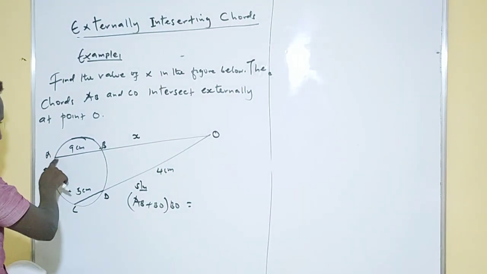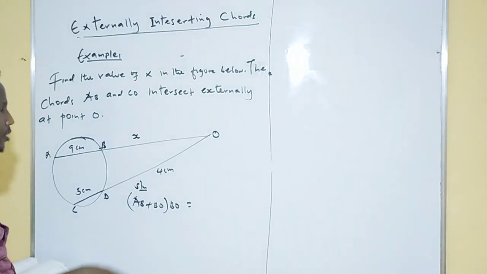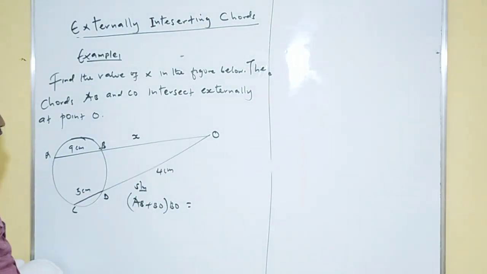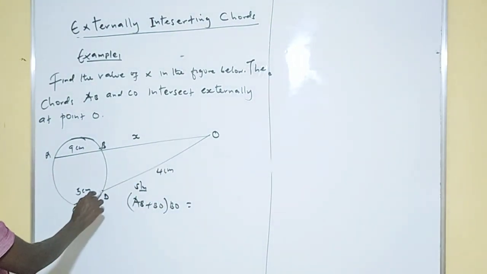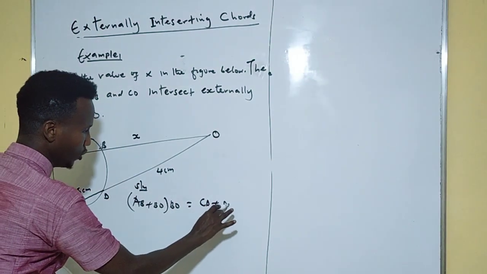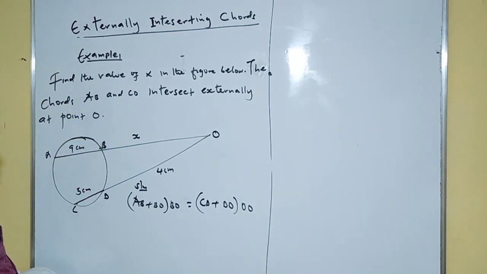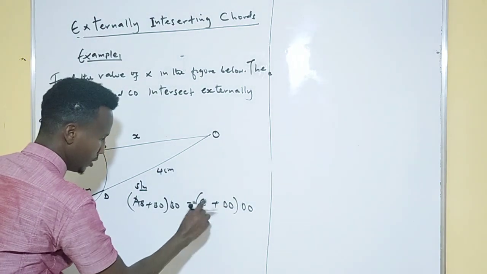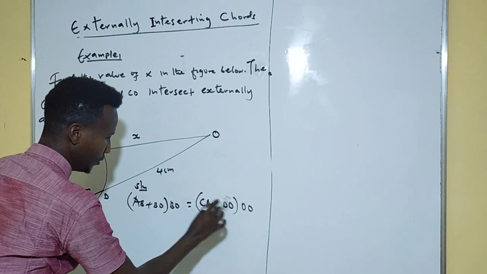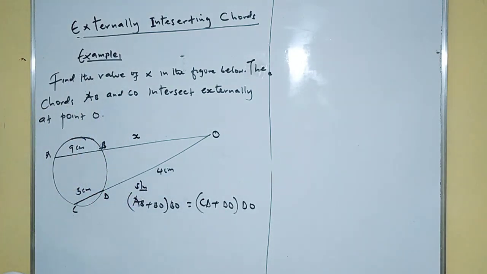One time you're going to say AB plus BO into BO is equal to CD plus DO, CD plus DO into again DO. Please get this point, yeah. It's very significant, you must remember this thing, yeah.